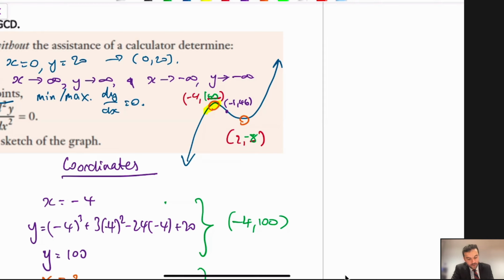Now, what point does that look like to you here? Well, we can say that this is probably going to be a vertical point of inflection. Do you remember vertical points of inflection? A VPI is where the gradient is the steepest in a region. Okay, so we can see here that at this point, if I drew a tangent, it's probably going to be the steepest there. So we found a VPI.